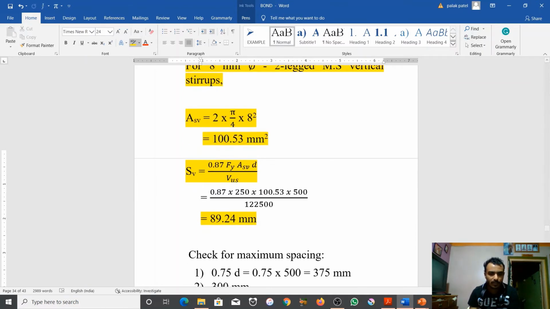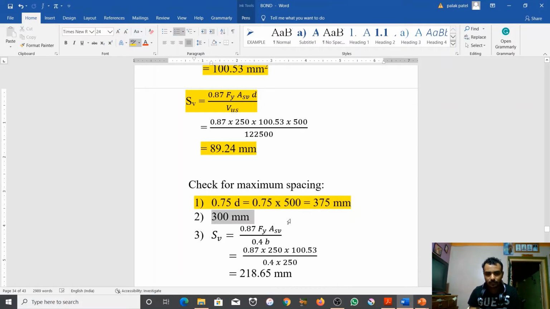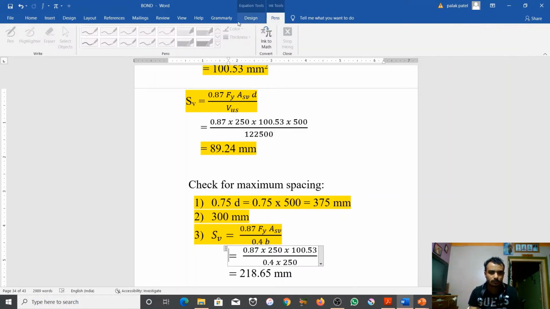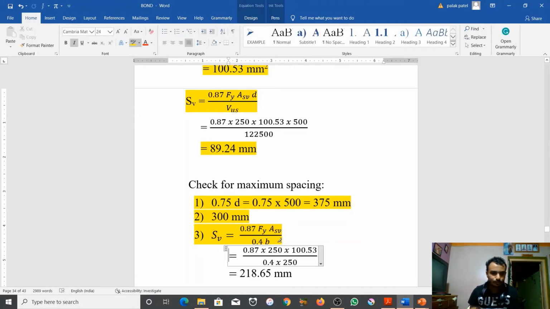Sv is 89.24 mm. And then the three conditions here. First, 0.75 into d, where d is 500, so spacing is 375 mm. Second is 300 mm. Third is Sv equal to 0.87 fy Asv upon 0.4 into b. This is the minimum spacing equation.